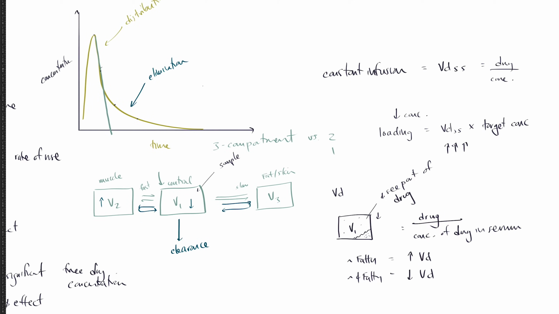All because you're expecting the VDSS somewhere around here when it's hit stable state, and you use that as your concentration. So this is essentially inappropriate for our clinical application, at least.